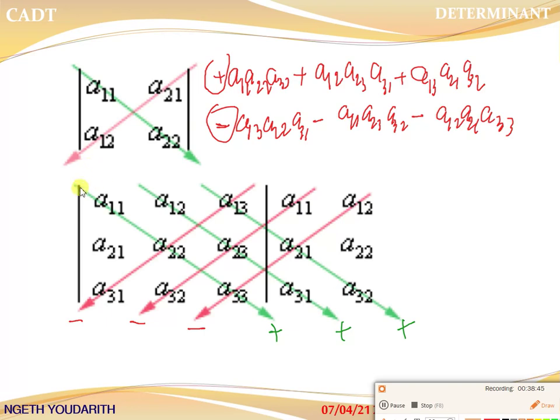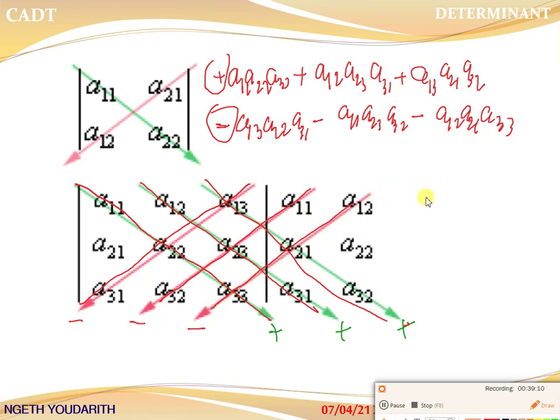The green, if we start from the left and go down to the right, we get the positive sign. If we start from the right down to the left, it is the negative sign.